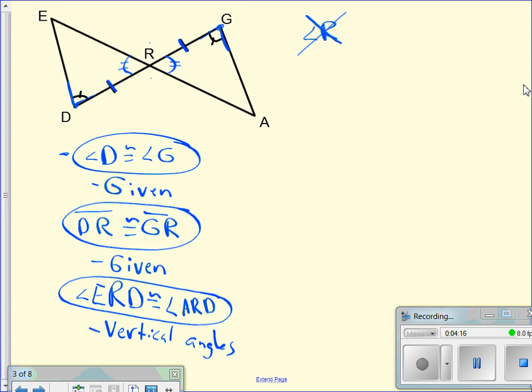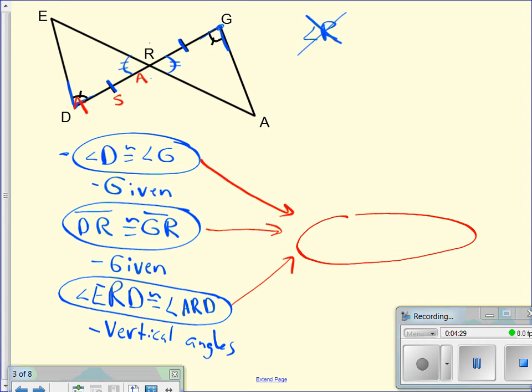All right, now I've got a pair of angles, then a side, then another pair of angles. I've got enough to prove congruence. These three facts come together to tell me that triangle, now be careful and name them in the right order. I'll name it DRE is congruent to triangle.